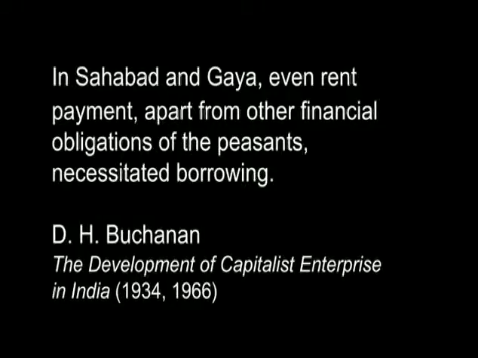So only a small quantity of crops was available for consumption by the local population. In Shahabad and Gaya, as Buchanan found, even rent payment, apart from other financial obligations of the peasants, necessitated borrowing from the moneylenders.